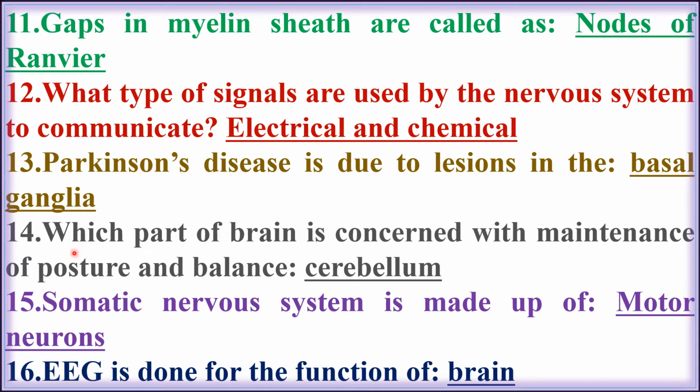Next, which part of the brain is concerned with maintenance of posture and balance? That is cerebellum. Next, somatic nervous system is made up of motor neurons. Next, electroencephalogram EEG is done for the function of brain.